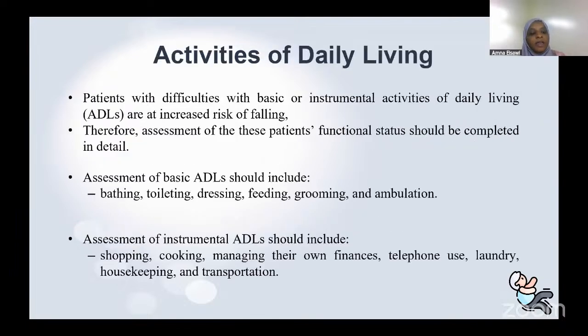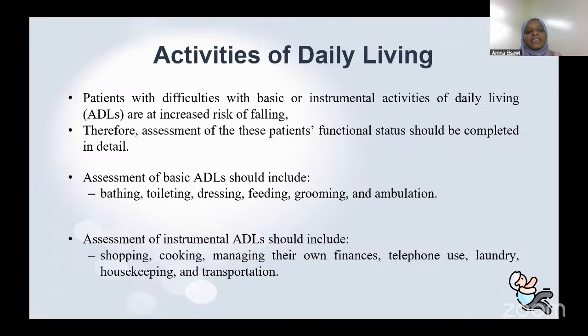Okay. Now, another important factor to look into is the activities of daily living. Patients with difficulties with basic or instrumental activities of daily living are at increased risk of falling. Therefore, the assessment of those patients' functional status should be completed in detail, and those could be separated into two categories.